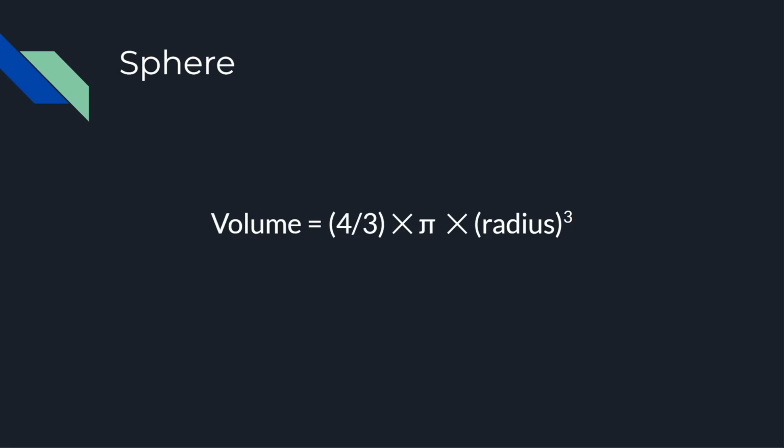Next, we're looking at a sphere. So we take the radius, we cube it, and we multiply it by 4 times pi over 3. All right, very simple.